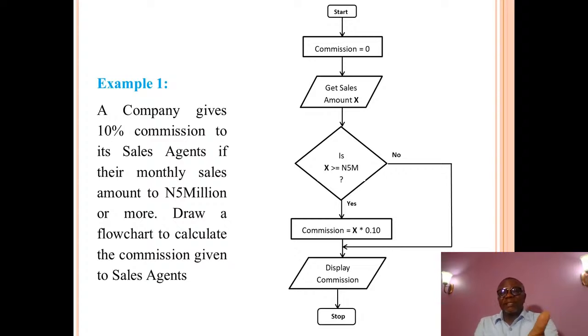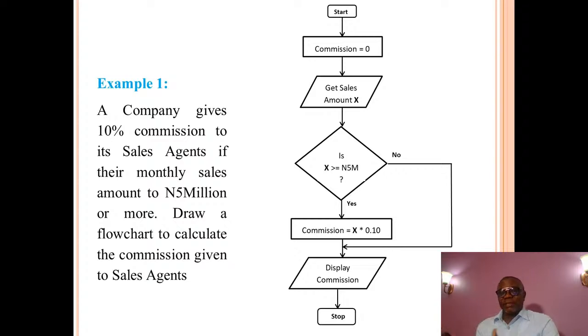But if you take that decision and the amount is not up to 5 million naira, then your answer becomes no. So you go down to display commission. You can see that it is a parallelogram, which means it is an output.